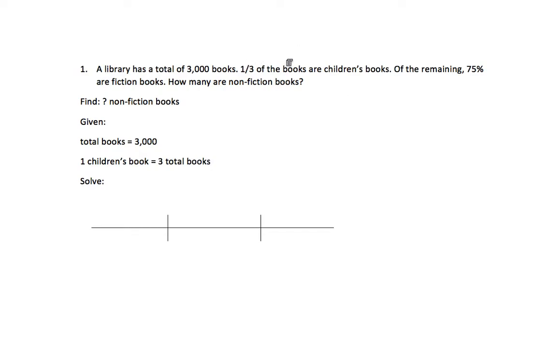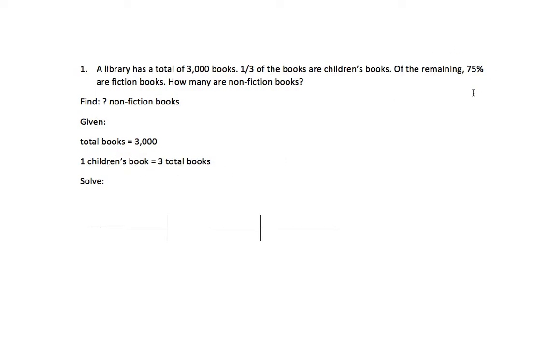That's what that 1/3 means. So if you set it up like this, and we've got the total books, then we can use the approach that we did in the other ones where we're going to be canceling the books to figure out children's books.